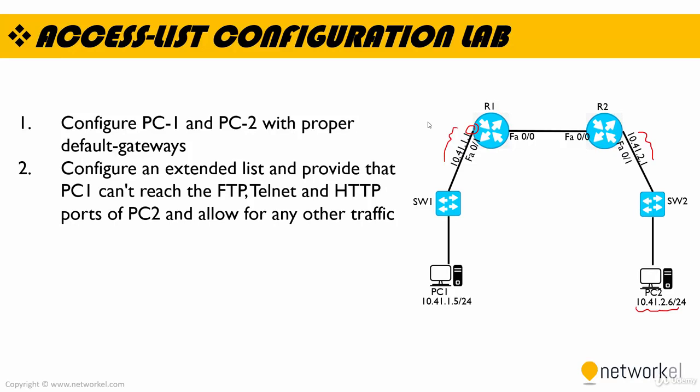So PC1 is my source, PC2 is my destination. As you can remember from our sessions, extended access lists are written on the router closest to our source.